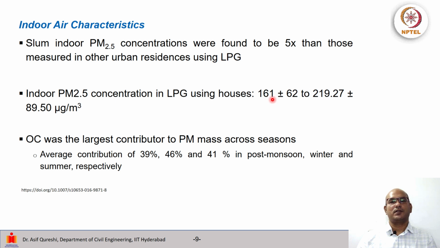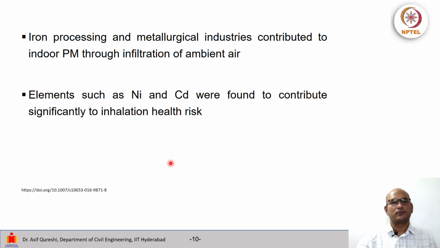Organic carbon was the largest contributor to PM mass across seasons, averaging around 40 to 46%. It was found that iron processing and metallurgical industries may also be contributing to indoor PM through infiltration of ambient air, and elements such as nickel and cadmium were found to contribute significantly to the inhalation health risk.